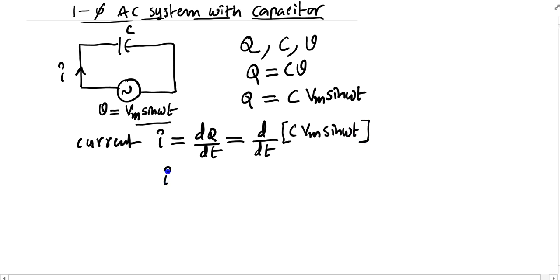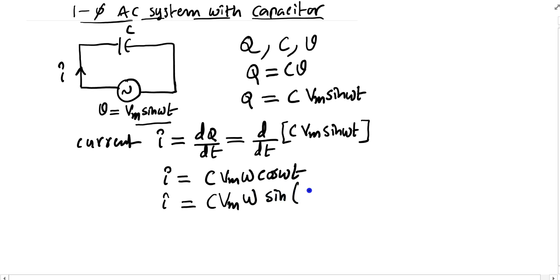If you simplify this equation, I get C Vm omega, since the derivative of sine omega t is omega cos omega t. This is the trigonometric concept I am applying here. Again I can write this as C Vm omega.